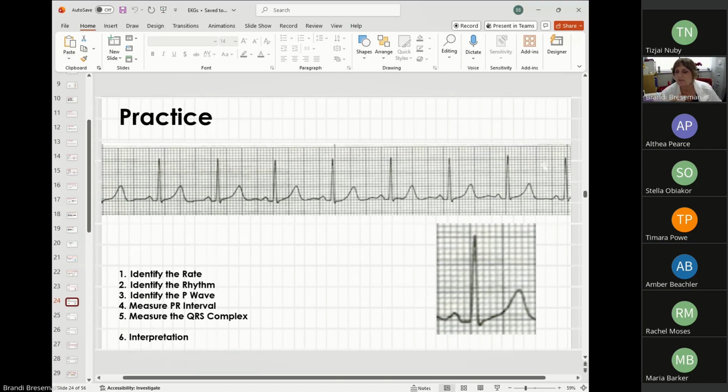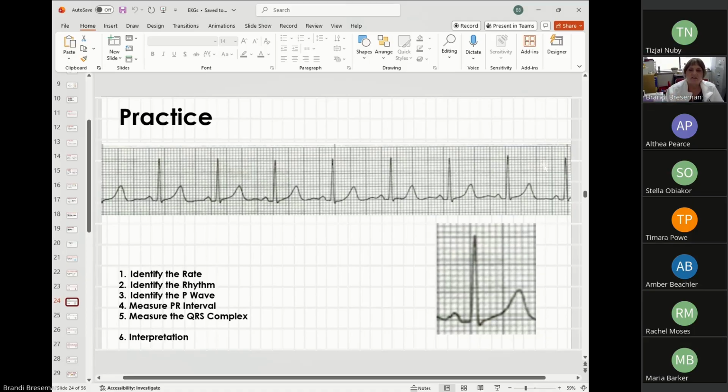And here's the other thing: whether you count it 75 or 80 or 70, it's still all going to fall in that same range. Good job, guys. You are correct. This is normal sinus rhythm.